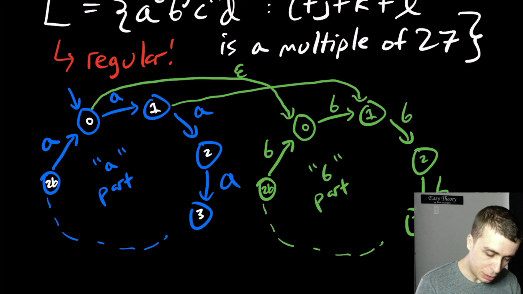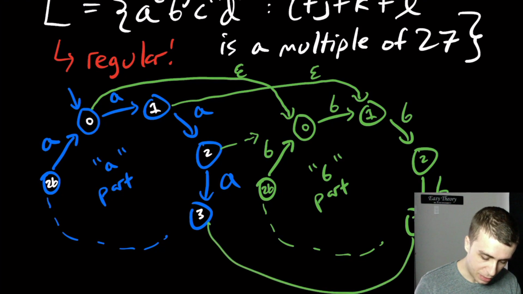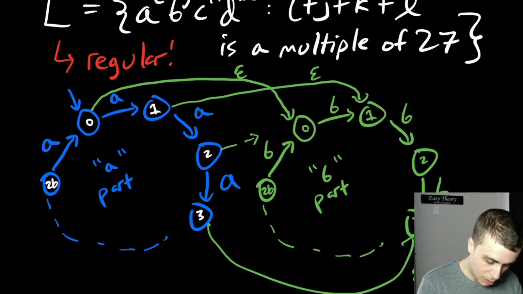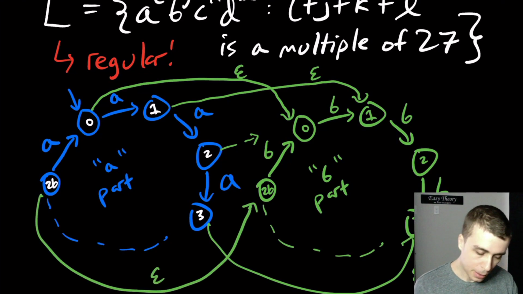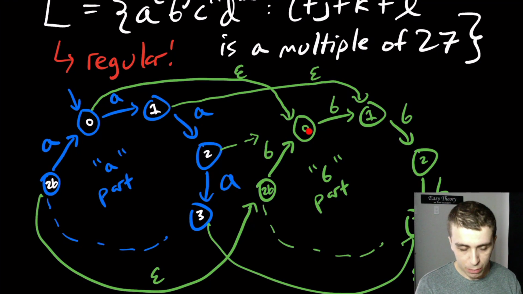So the 0 goes to 0, the 1 goes to 1, etc. So then the 3 obviously will go here. And then the 26 will go to right here. Okay, so then if we decide to jump over to here, then that means that we'll start with the current remainder when dividing by 27, which is 0.